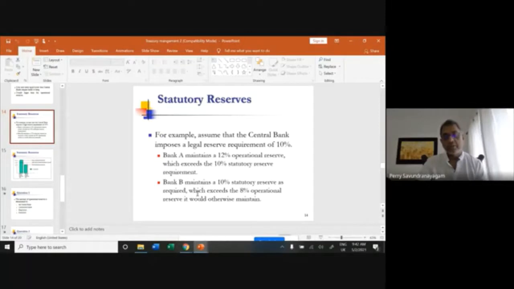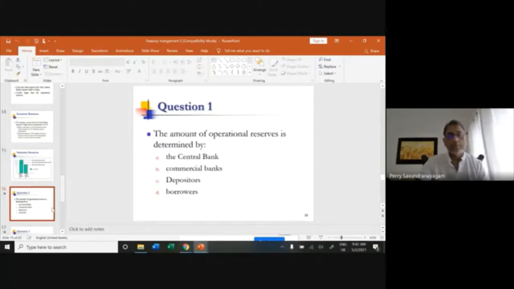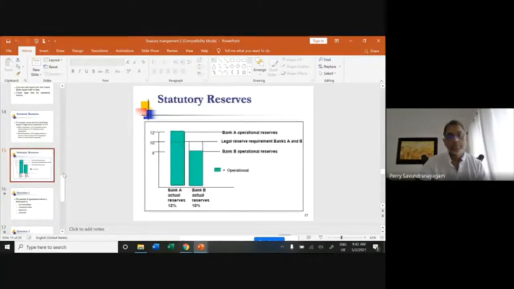The other one is maintaining 10% when the operational reserve would otherwise be 8%. The actual requirement for operational purposes is 8, but they are maintaining 10. And the other one is maintaining 12 when their actual requirement is 8. So it all depends on what your requirement is and what you want to manage with that.